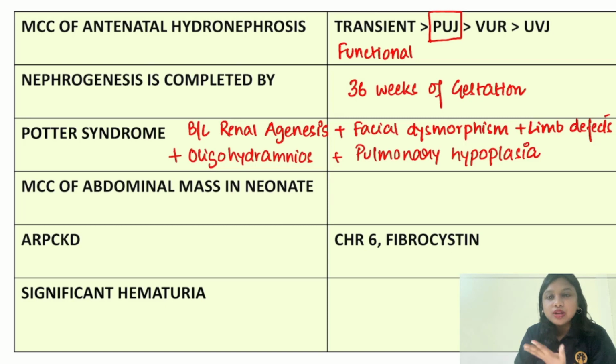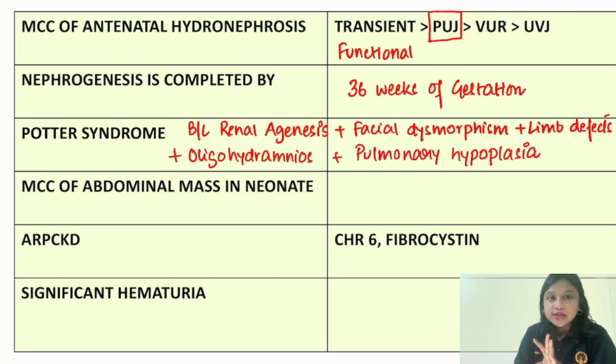Even we have got 4 types of Potter syndrome. This is beyond the scope here, but let me tell you, in type 1, type 2, type 3 and type 4. Type 4 is associated with obstructive uropathy, and type 2 is associated with renal agenesis. So renal agenesis which results in Potter syndrome is type 2, and type 1 and type 2 are the cystic diseases of the kidney.